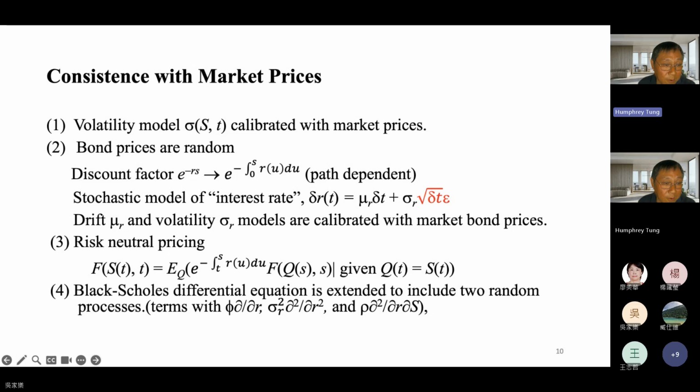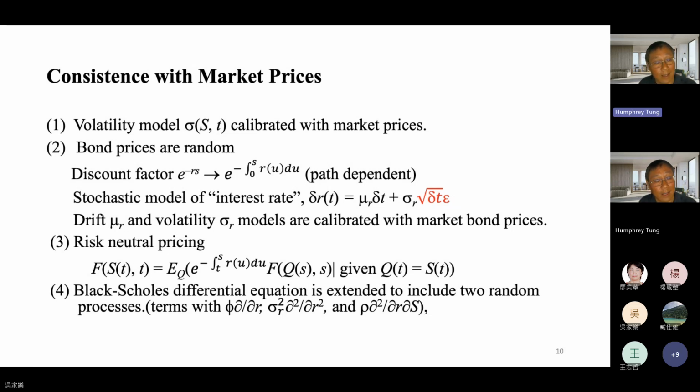On the right-hand side of the arrow, the integral refers to the case where the interest rate also does a random walk, and then you have the discount according to the integral, which is what we call the integral factor. More importantly, it is path dependent. It depends on how the interest rate random walk goes like a path. So you also have a stochastic model for interest rate.